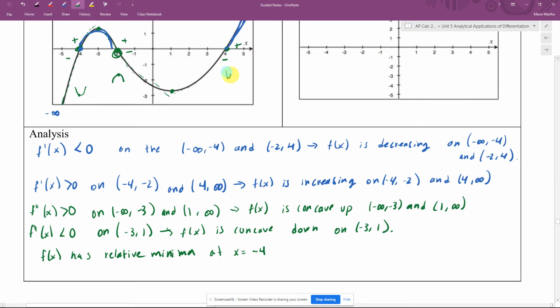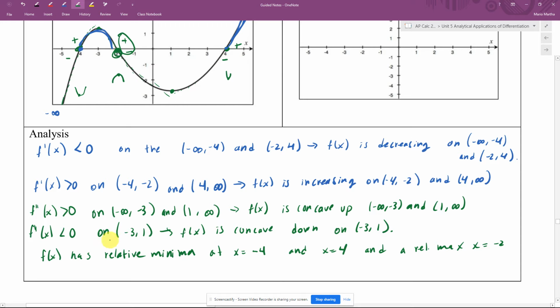So that's a minimum as well. So at x equals -4 and x equals +4. And then our relative maximum at x equals -2, right? So again, because it changes from positive to negative.